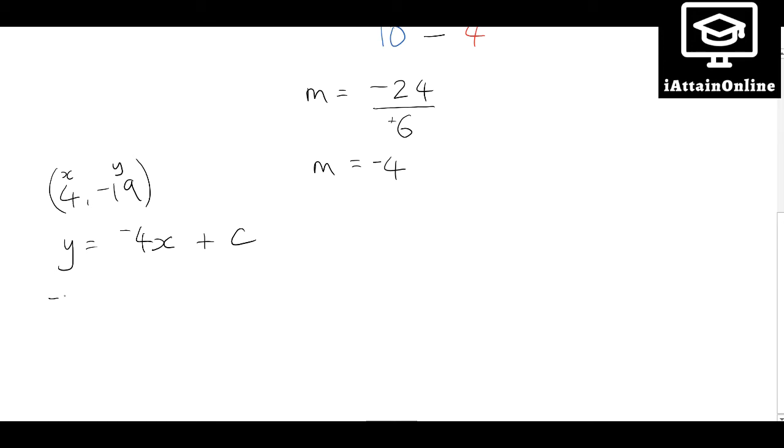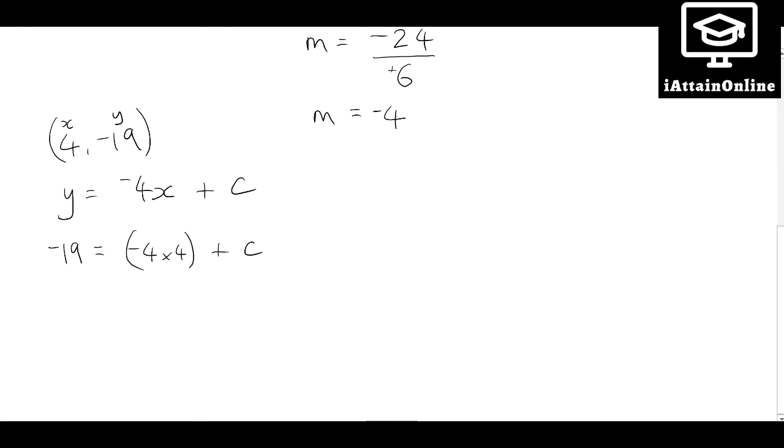So I'm going to stick that negative 19 into the equation instead of the y. And negative 4 times whatever x is, well, x is 4. And we're going to add c to that. So if I sort out those brackets, I get negative 19 equals negative 16 plus c.